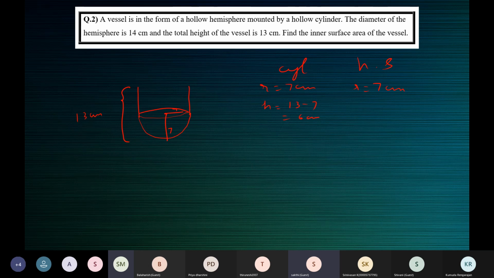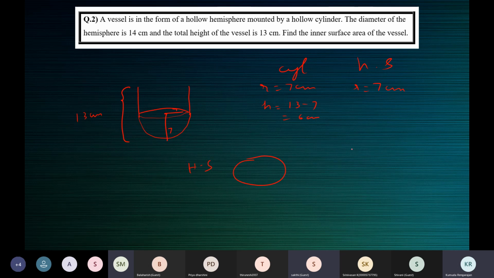CSA of the cylinder and the hemisphere. Correct. Inside, what can you see? You can see the hemisphere CSA and the cylinder's CSA. Because for a hemisphere, only if the circular portion is also accounted, it will be TSA.